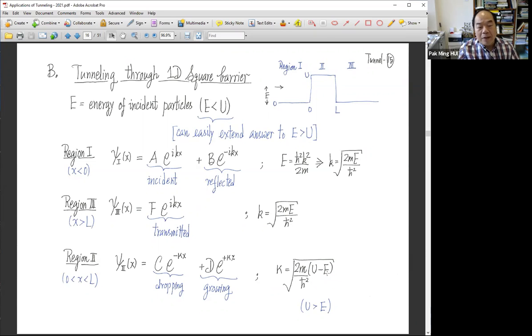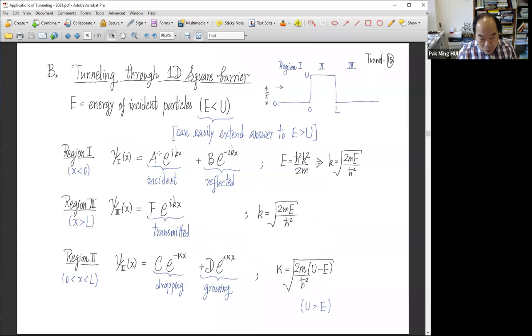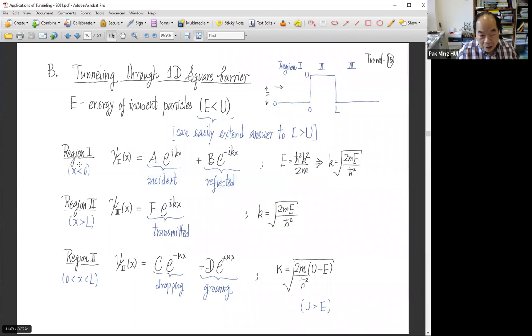Okay? Then the picture is like that. And suddenly we can write down a lot of things, right? We just know that when we see this, the current density is that. We have an incident part and a reflected part, as we can identify it from the wave function, okay?